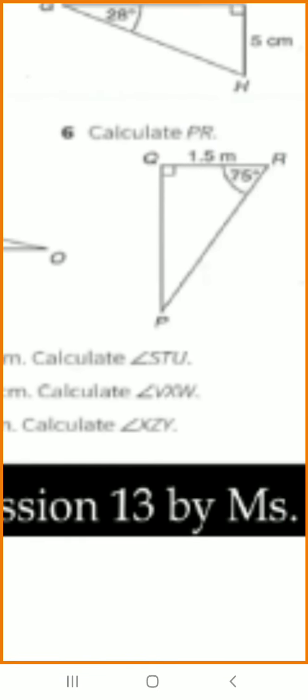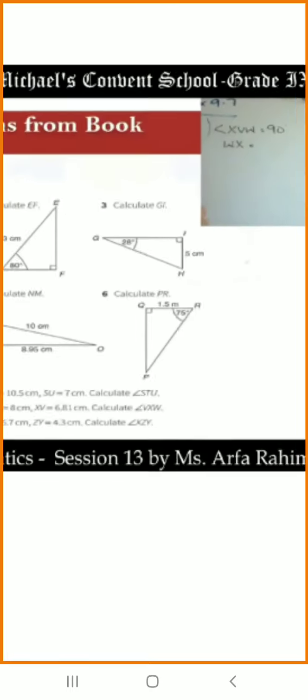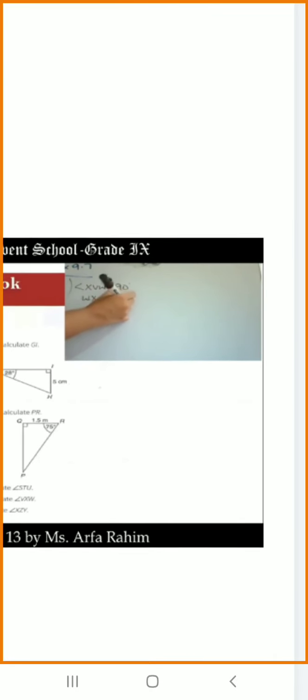WX is equal to 8 centimeters. XV is equal to 6.81 centimeters. You need to calculate the value of VXW, right? So now in this question, first you can draw a right angle triangle.